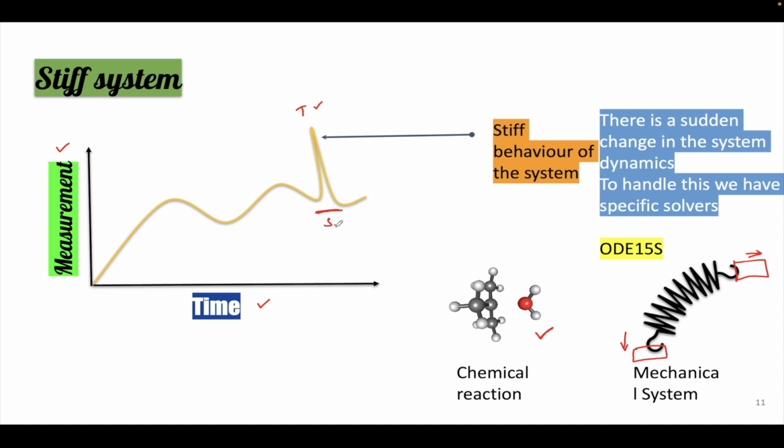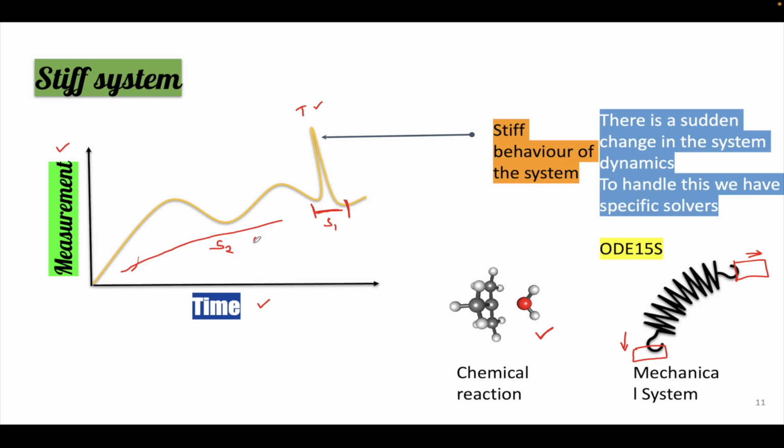Suppose this is S1, and till this point we are sampling at one rate, and then suppose S2. So suddenly we are changing the sampling rate, because the system is suddenly changing its behavior. Such systems are called stiff systems, and in this type of system we need to change the sample time very rapidly.